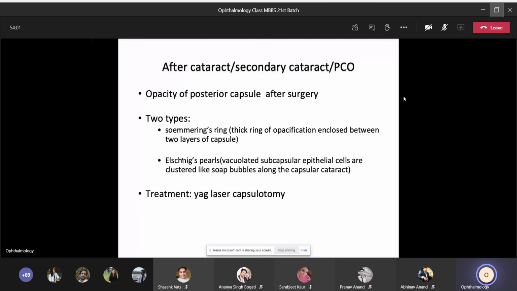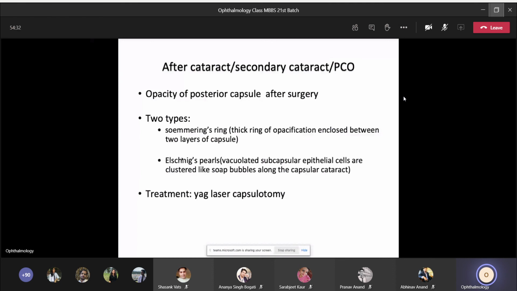As you know, in the lens, the lens epithelium undergoes mitosis throughout life, so lens fibers are being formed throughout life. Even if we remove the cataract, since the capsule is left behind, the capsular epithelium undergoes mitosis, and lens fibers are formed and laid on the posterior capsule.